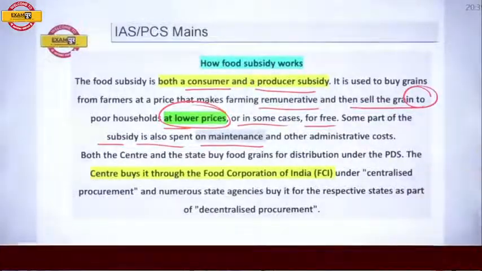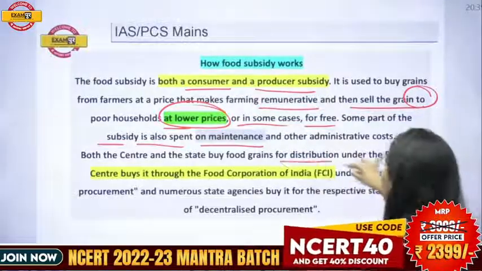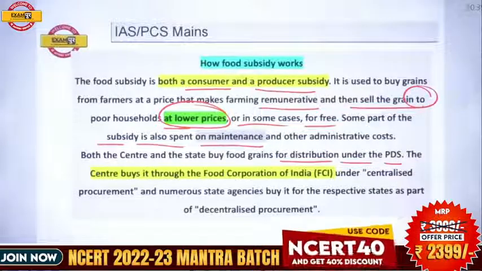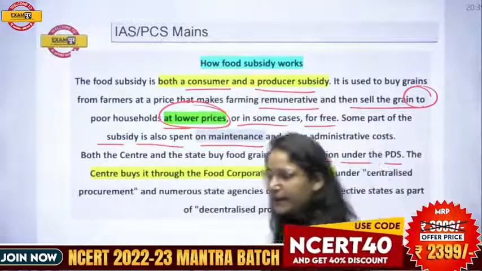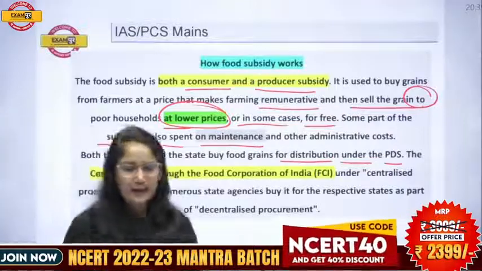Okay, so next is that center and state buy food grain for distribution under PDS, and the center buys it through FCI, the Food Corporation of India, under centralized procurement. Centralized procurement means we are trying to make the base widen day by day.